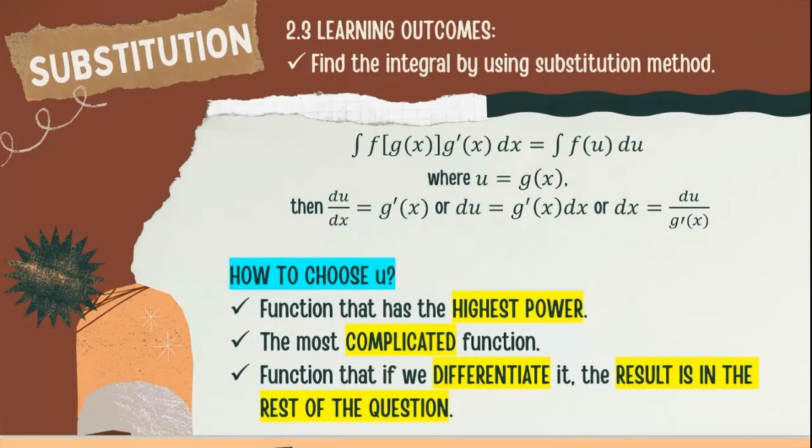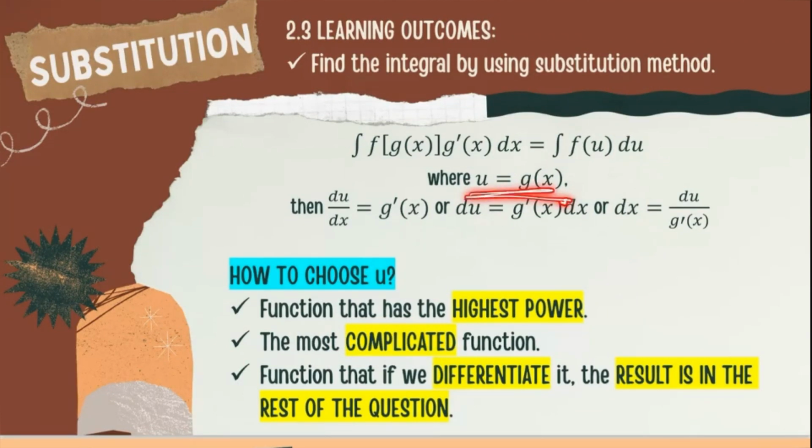Okay, so first of all, kalau kita nak choose u, kita akan pilih function yang ada the highest power between those two polynomials. Okay, so first kita akan tengok dia highest power ataupun tidak. Okay, let's say kalau dia tak ada yang highest power, kita akan tengok function mana yang paling complicated. Okay, yang complicated itulah yang kita akan let dia sebagai u.